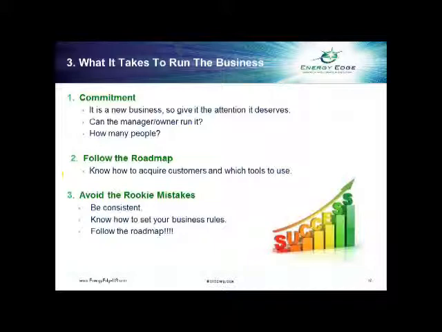And then finally, again, follow the roadmap. We put that as a rookie mistake, and we can call them rookie mistakes because we've made them all. So we've been there. We've done it. But if you follow the roadmap, we can see our clients outperform daily those that deviate from the roadmap.